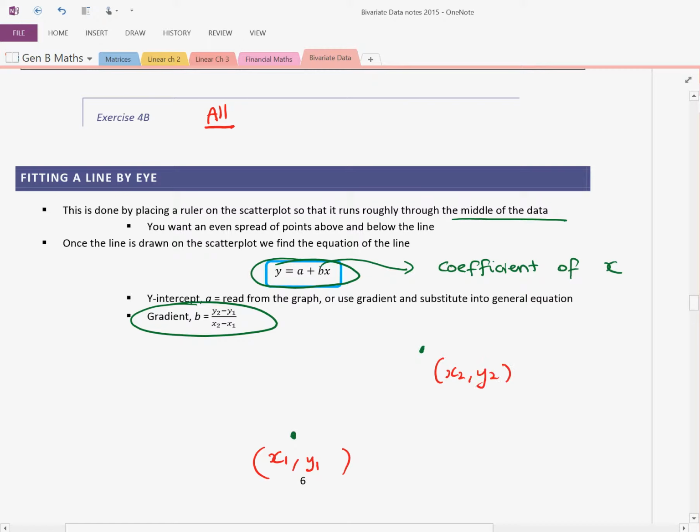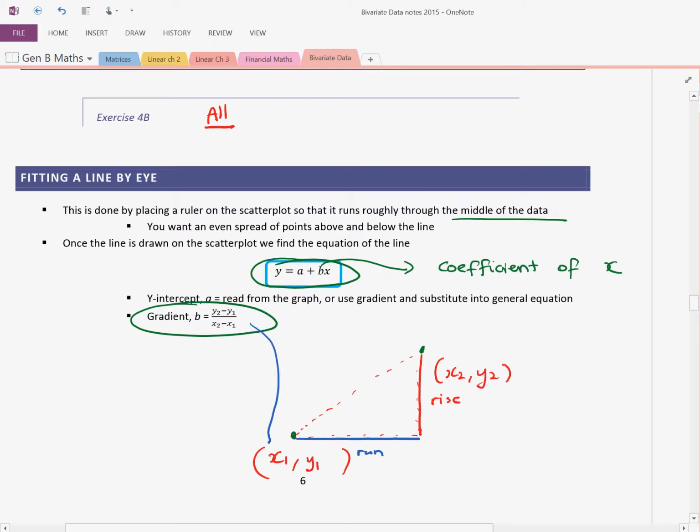Now, if I was to find the gradient of that, this distance here is the rise. And of course, this distance here is the run. That's all this formula is.